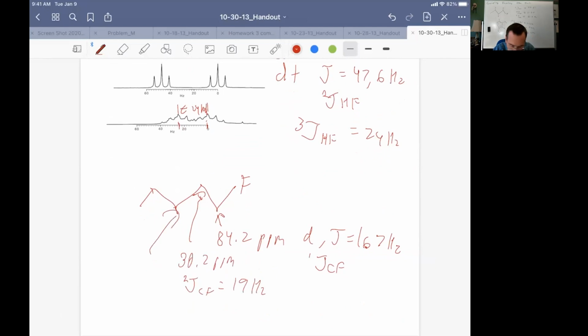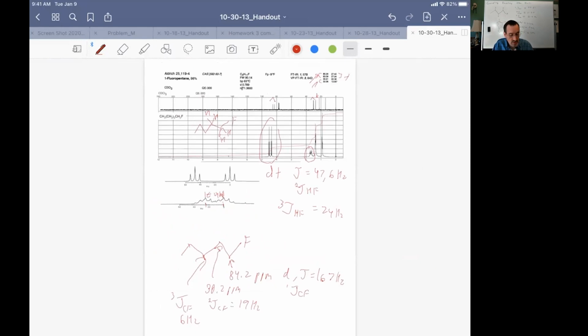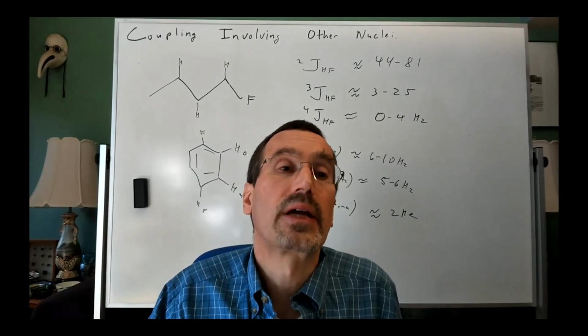And if you look at that last pair of lines, that looks like we're seeing our J3 CF of 6 hertz. So all of that is embedded in these ordinary spectra that we are looking at.